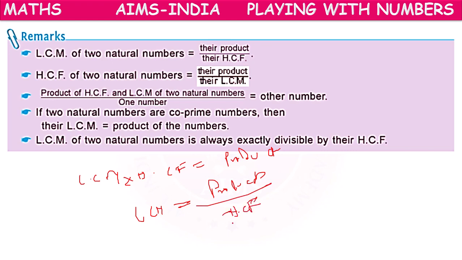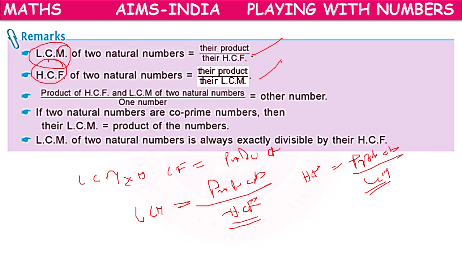Or if you want to find HCF, LCM will come down, and we can write it as product by LCM. So LCM means product by HCF, and HCF means product by LCM. Like that we can calculate.